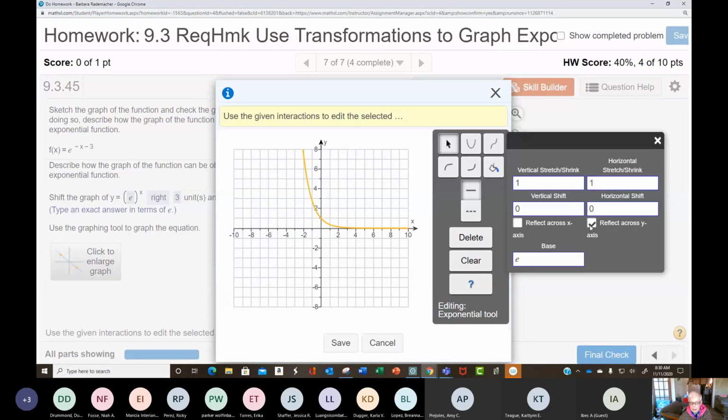Here. Oh, delete. Oh, there. Not going to put a negative in front of it. I am going to put a negative in front of it.